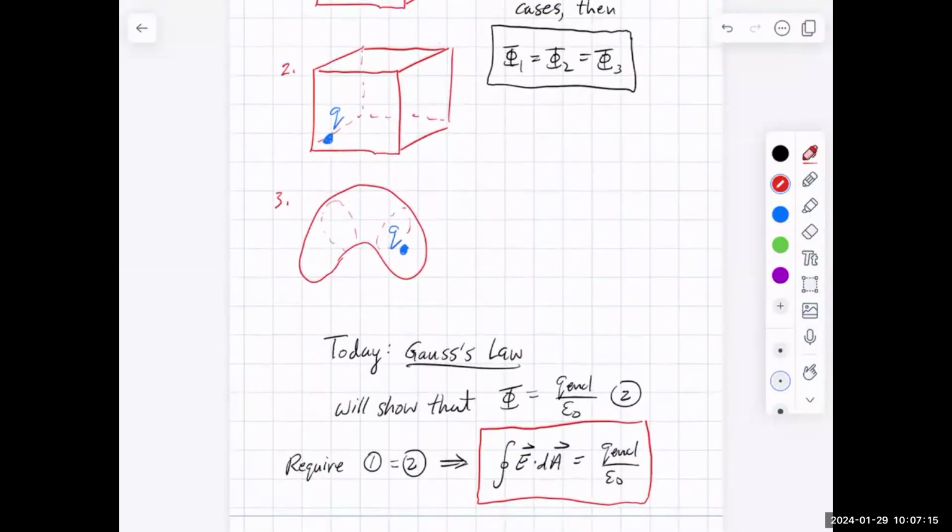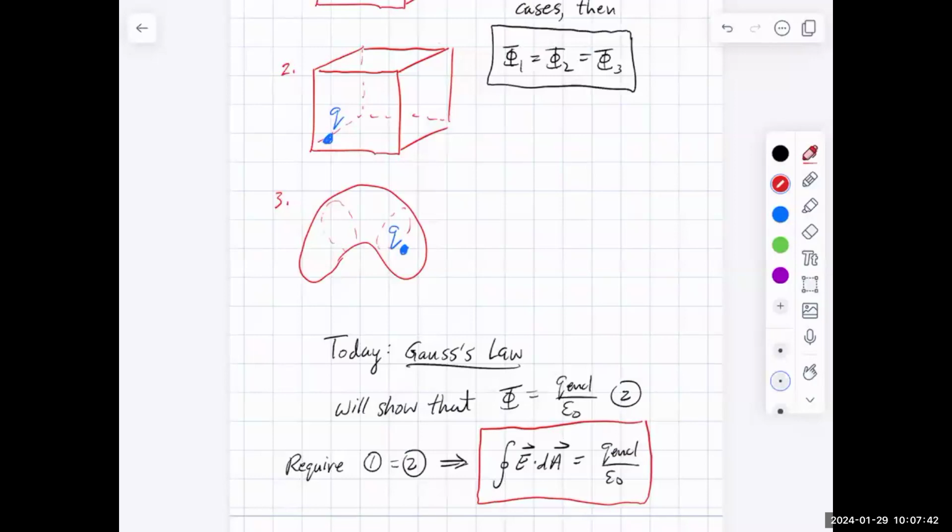So what I want to do today is get at Gauss's law. To do that, we're going to find a second way to calculate the flux. I've got the results here. This is the result we're working towards today. The second way to calculate the flux will be just taking the total enclosed charge divided by a constant. That's it.